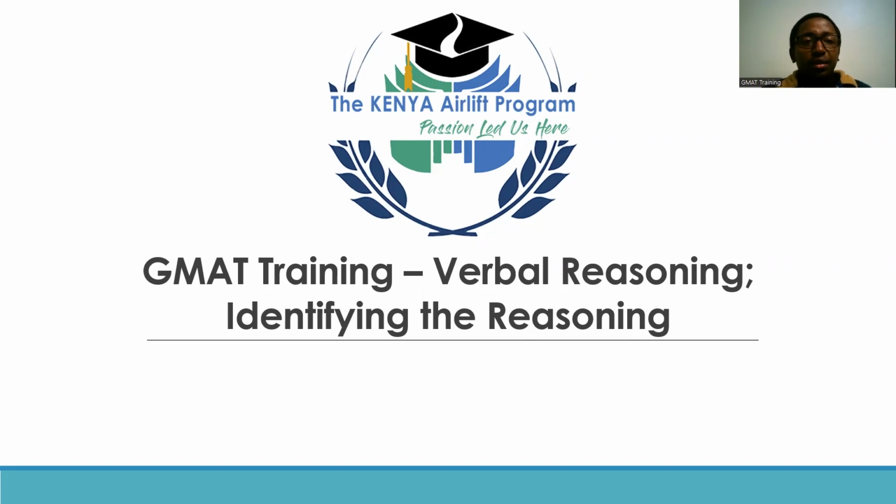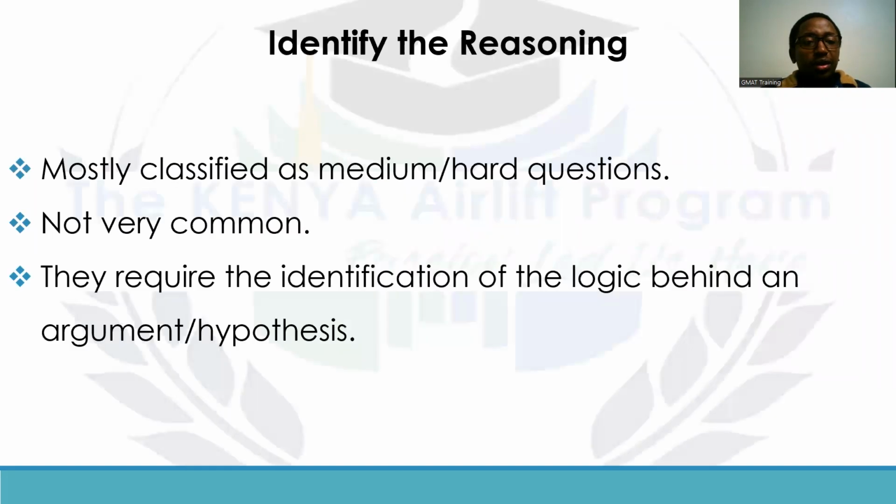Today we'll be dealing with a question type in critical reasoning, which is identifying the reasoning used in the stimulus. These questions are mostly classified as medium or hard questions, meaning that you will rarely find them in the lower tier of difficulty, that is the easier questions.